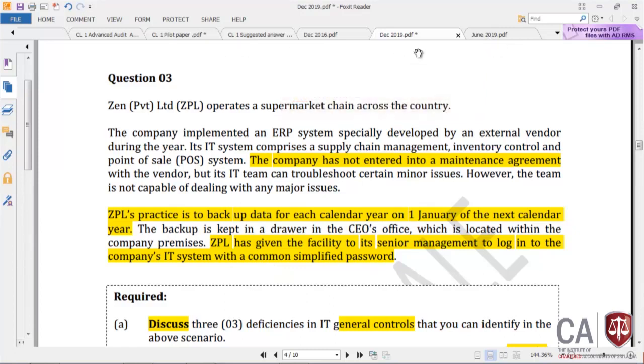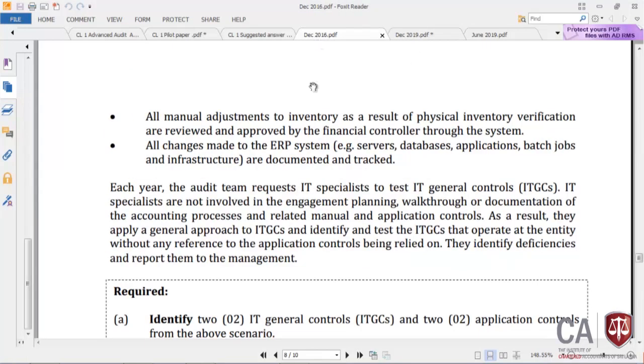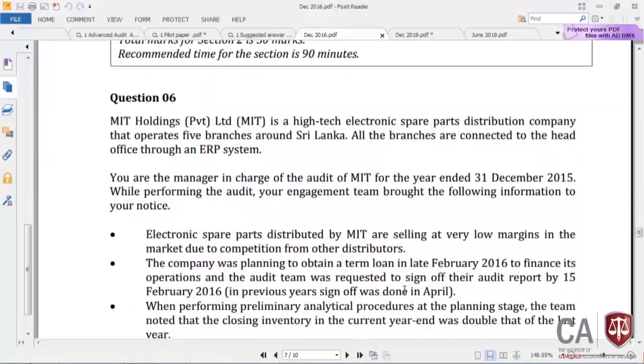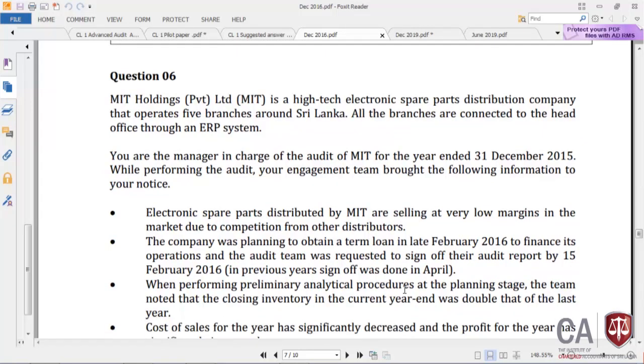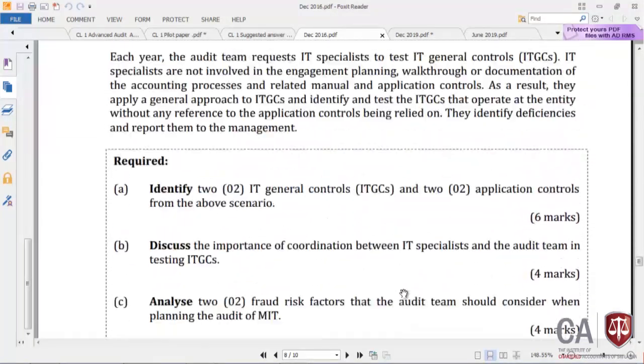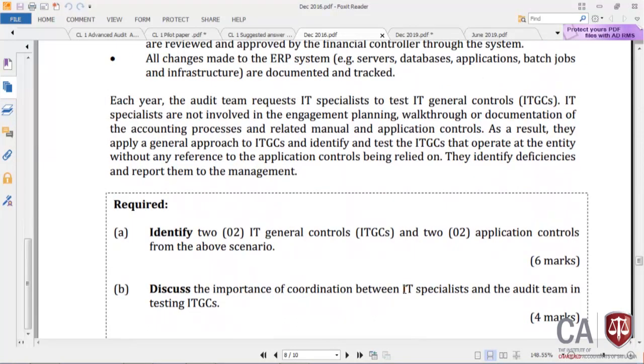So there is another good question. This is December 2016, question number 6. What I request from you, I will not have much time to discuss in detail, but I will just run through.